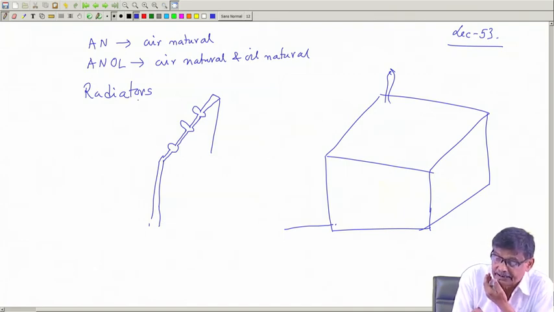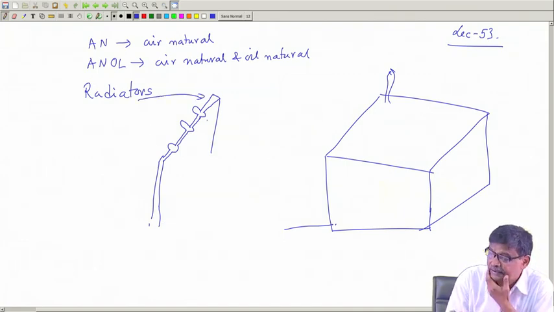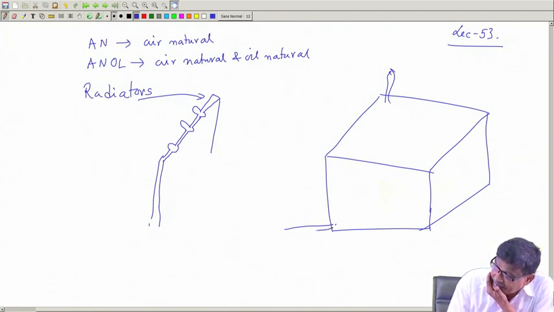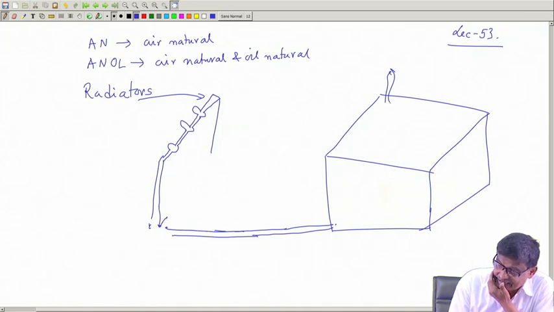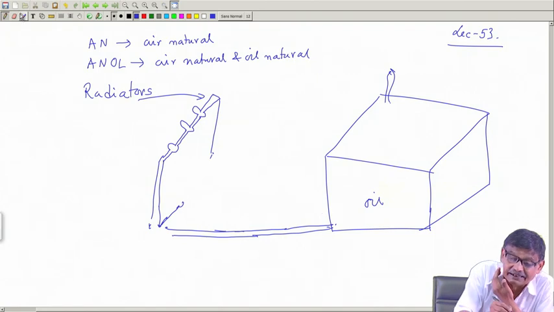So, these are radiators. Instead of cooling tubes, radiator, large surface area, and this is connected here like this. There will be inlet here, oil, it is connected. So, this is filled with oil inside, this oil is connected here.